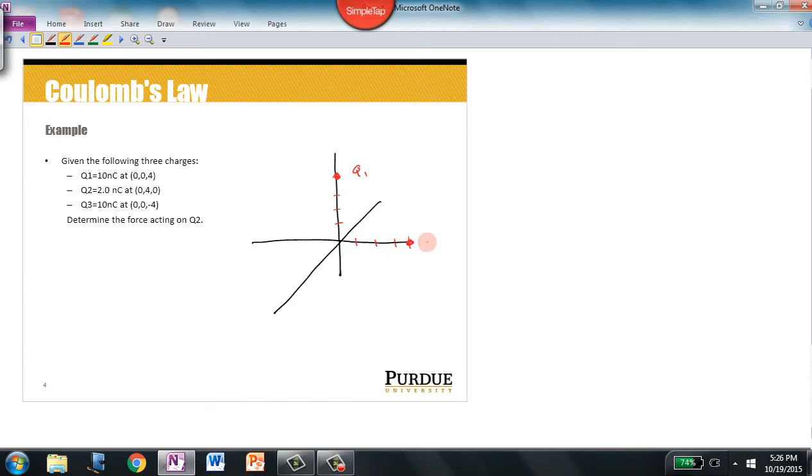So that's Q2. And then Q3 is located just along the negative z-axis. So it's like -1, -2, -3, -4. This doesn't work in all problems, but I like to just get a little bit of intellectual understanding before I solve the problem. Oh, sorry, I should have labeled this. This is Q3.